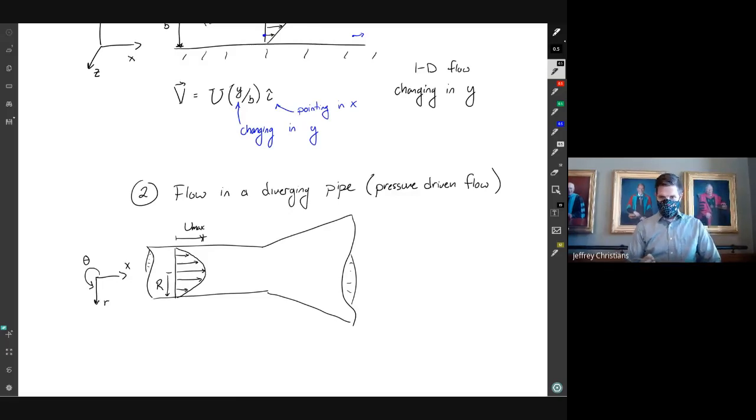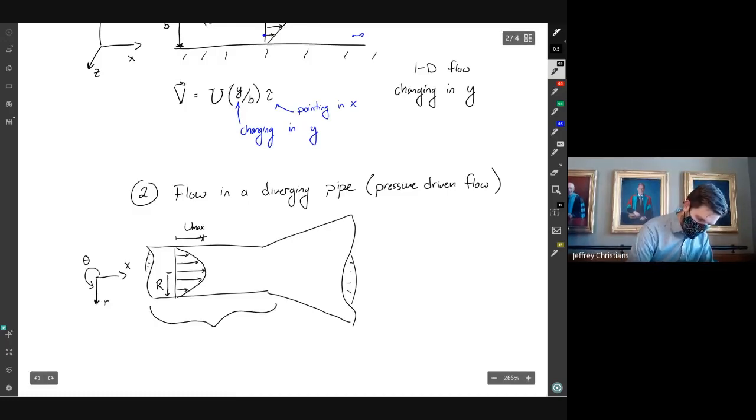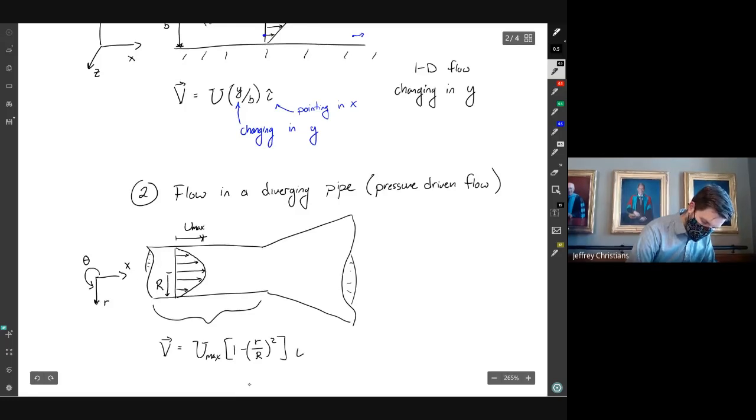And again, if we wanted to write an equation for this section of the pipe, we could write that the velocity field is equal to U max times (1 minus (r over big R) squared) i hat.